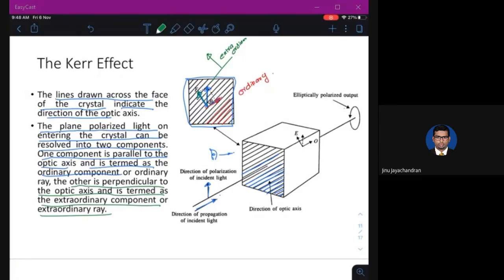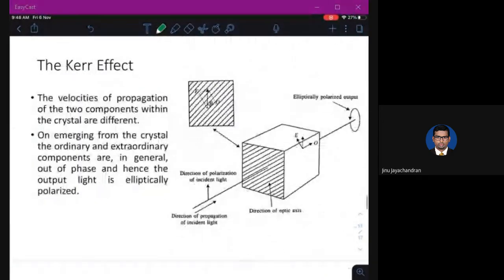When you view it from here, you will see an elliptically polarized light. Okay, so this is basically a direction of the light, and the material will cause changes in the polarization of the light. Now, the velocity of propagation of the two components within the crystal are different.